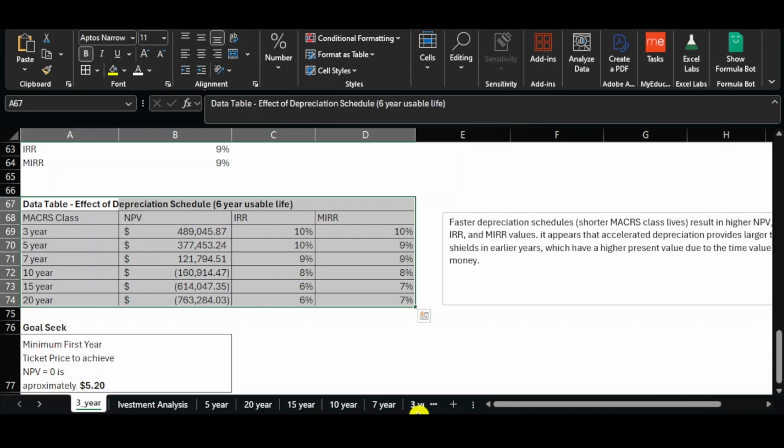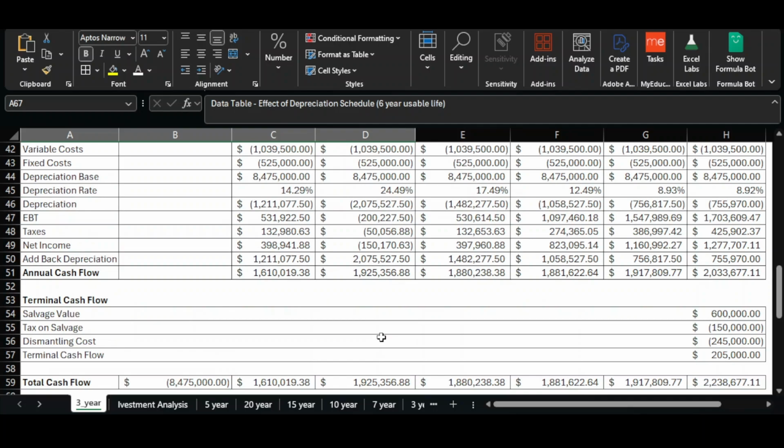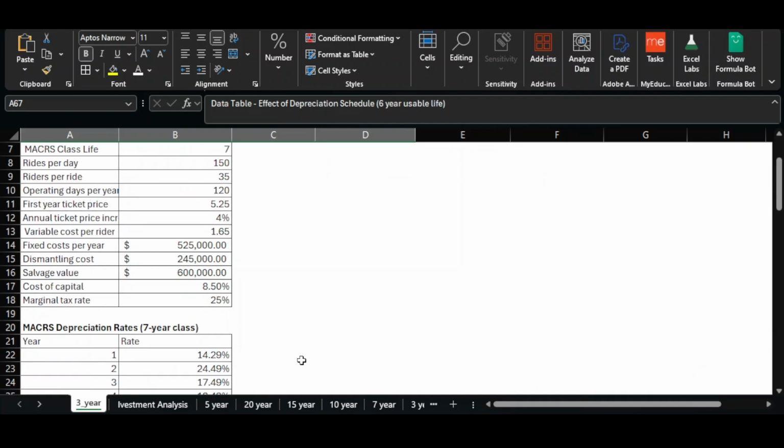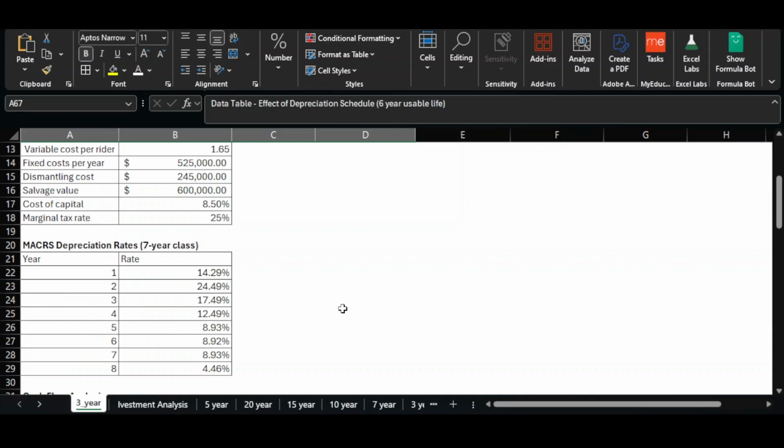I did put an underscore there because there's already a sheet existing with a 3-year name, but I originally did it with a space, 3 year, as the name of the sheet.